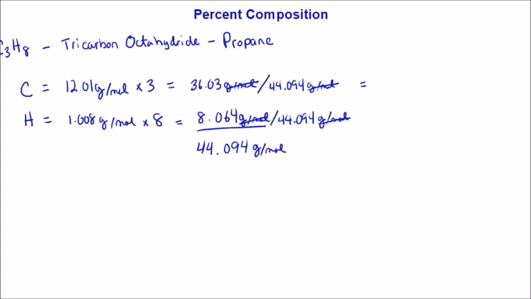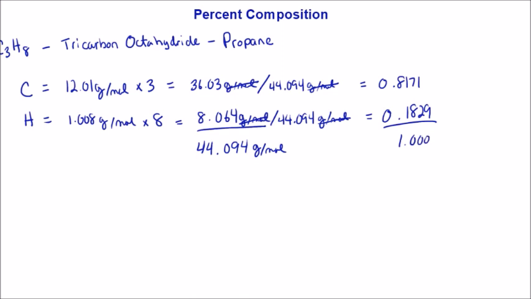So if I put that in my calculator, I'm going to get 0.8171 for my carbon and 0.1829 for my hydrogen. And if you were to add these two numbers together, you should get back to 1 total.